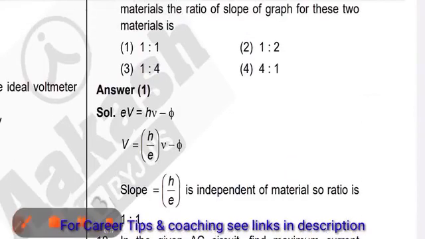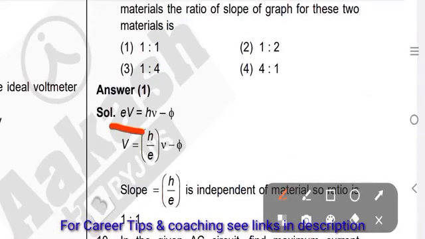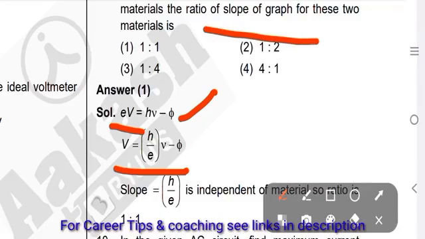Basically the formula is eV equal to h nu minus work function, or V is h upon e into nu minus phi. So the slope is independent of the material, and the slope ratio is basically 1:1.